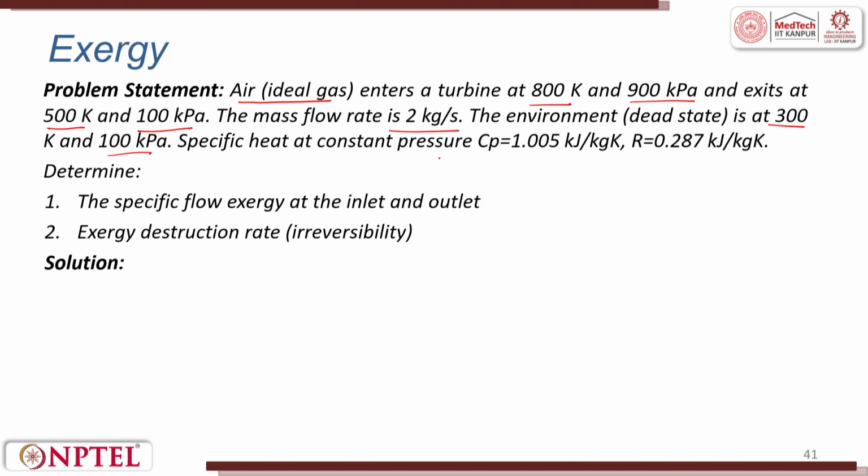Specific heat at constant pressure, that is Cp, is 1.005 kilojoules per kg Kelvin, and the value of R is also given here as 0.287 kilojoules per kilogram Kelvin. Determine the specific flow exergy at the inlet and outlet, and the exergy destruction rate, that is irreversibility.